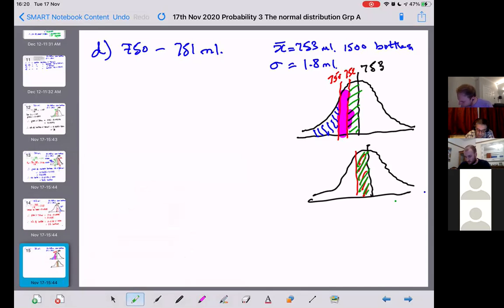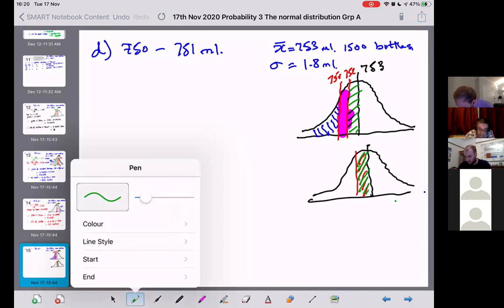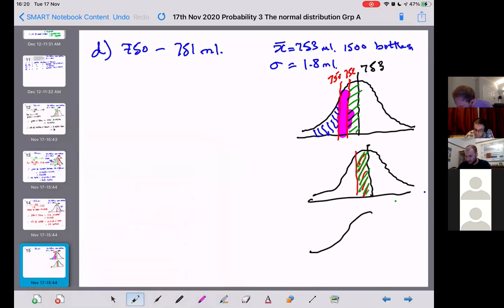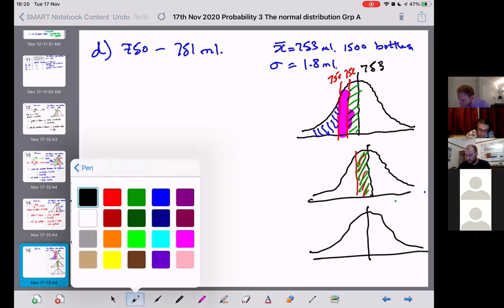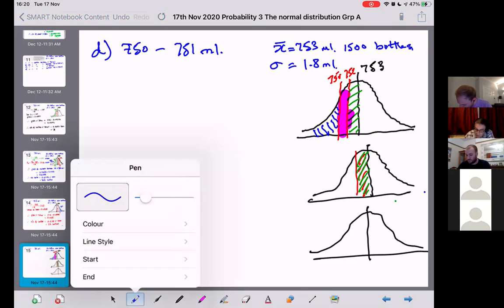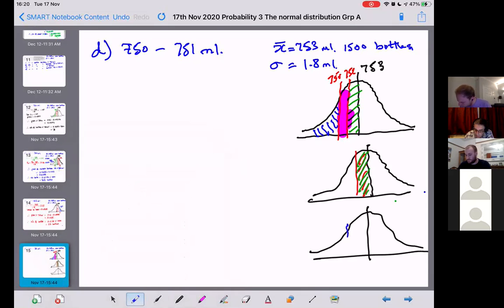You're going to separately find this blue area up here, right? And then the purple bit is the bit in between the two. Does that help or not? Yeah, that's fine, Mike. Thank you.